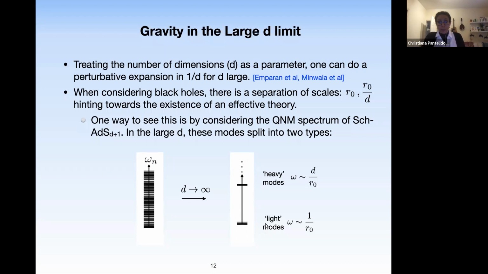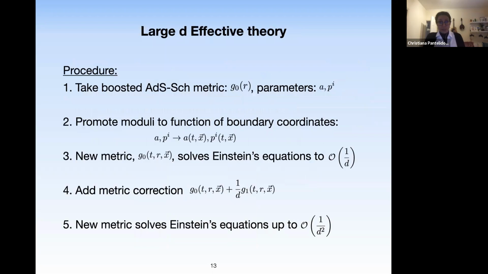So this is the main idea. Let me explain very briefly how to obtain this effective theory by brute force. This was something that Ben taught me, so I think it's very interesting for everyone to know. The procedure for getting this effective theory is the following.